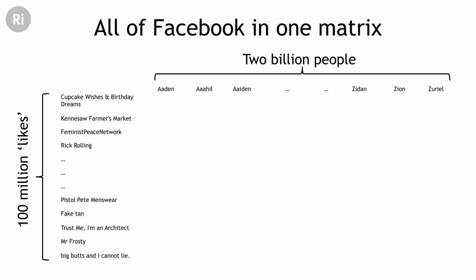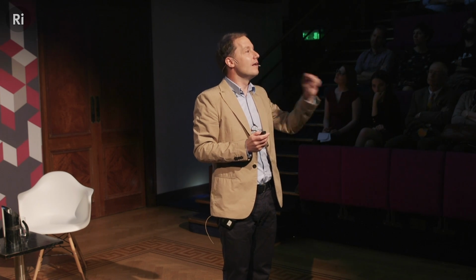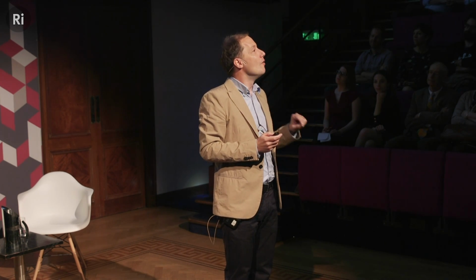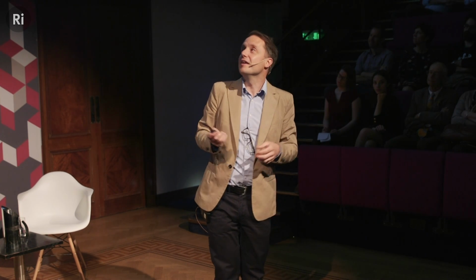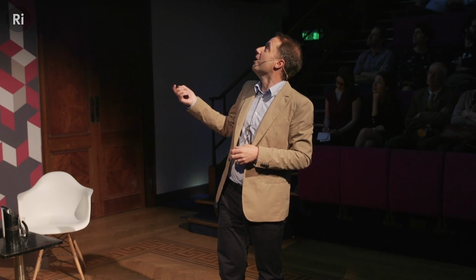There's so many of them. You know, we've got Feminist Peace Network, Rick Rolling, Big Butts and I Cannot Lie. Every type of category of anything you can find, people are sitting there and they're just clicking like on everything that they supposedly like and filling up a matrix for Facebook of what all different types of people like.